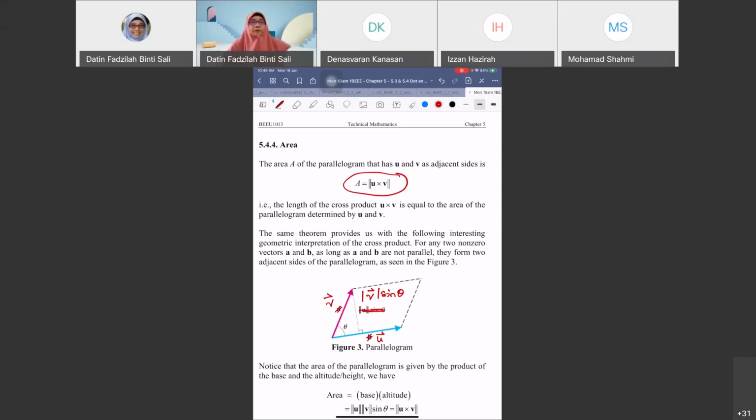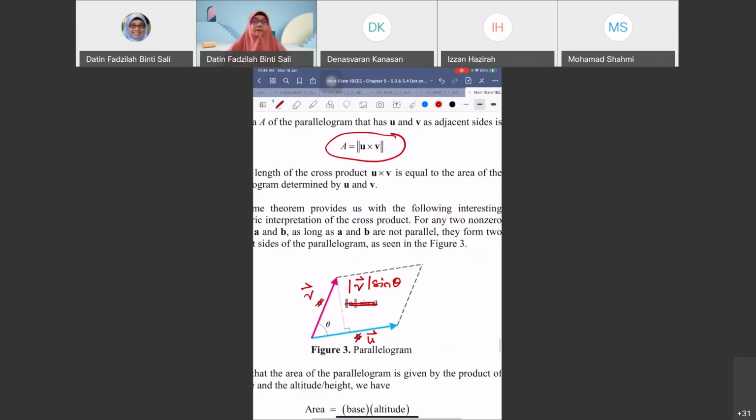If you look at this diagram, you have these two vectors, u and v. We can extend this and it becomes a parallelogram, and we can also find the height of this parallelogram using trigonometry.